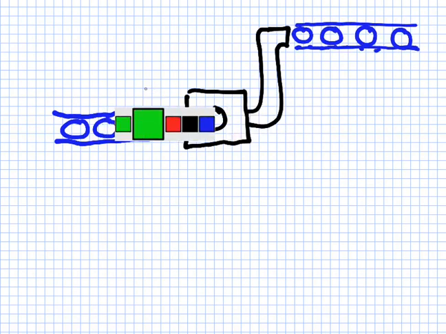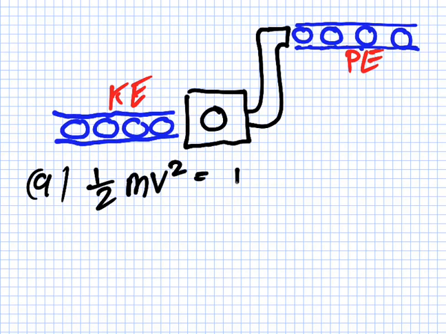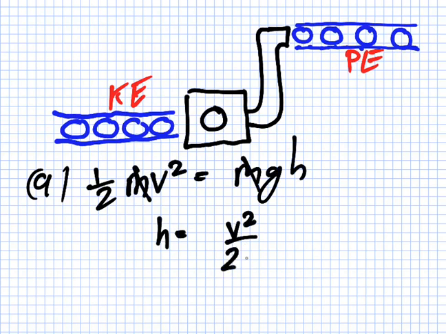So we can say the kinetic energy here equals the potential energy here. So we get a half mv squared equals mgh. The m cancels. H equals v squared over 2g, which here would be 1600 over 2 times 9.81, which is 19.62, I believe.